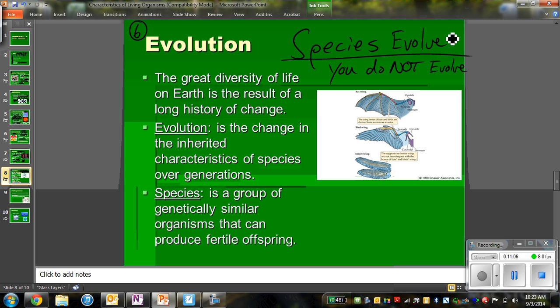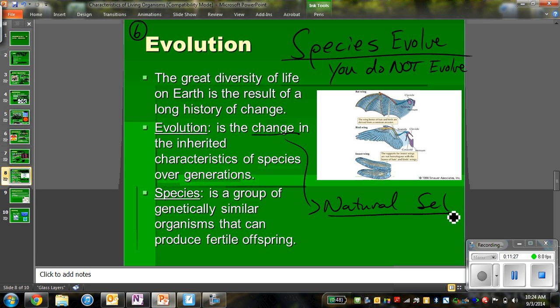What does that mean? Well, in a nutshell, and we're not going to get into this too deeply today, evolution is change in a species over time. And the way change occurs is based on natural selection.